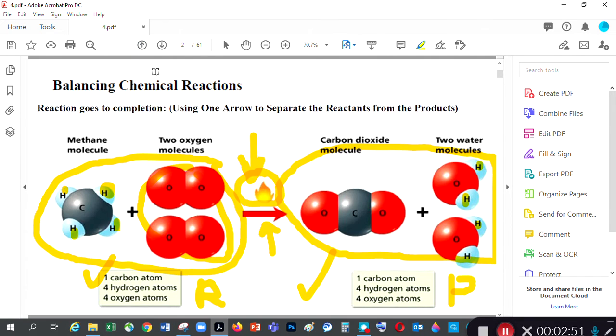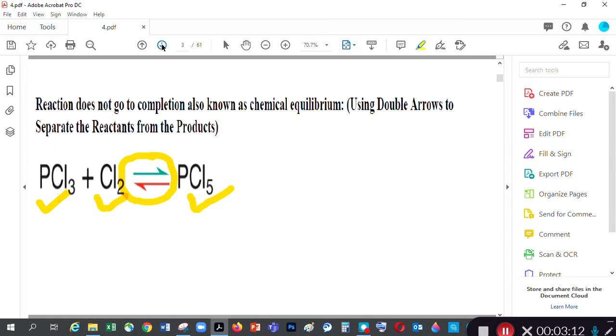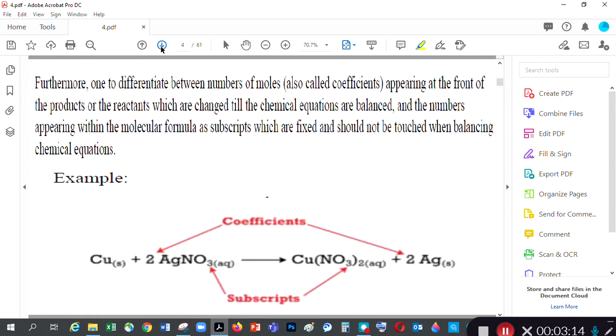Here in this reaction, after the reaction is done, the reactants are consumed. There's nothing left of methane or oxygen, just CO2 and H2O, so it is 100% complete. That's the difference between a complete chemical reaction and equilibrium, which is a partial chemical reaction, because we can see the products and the reactants present at the same time.